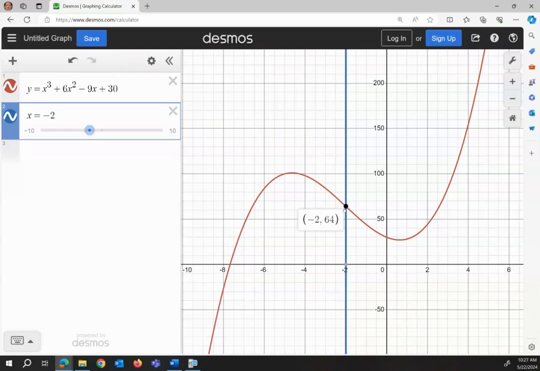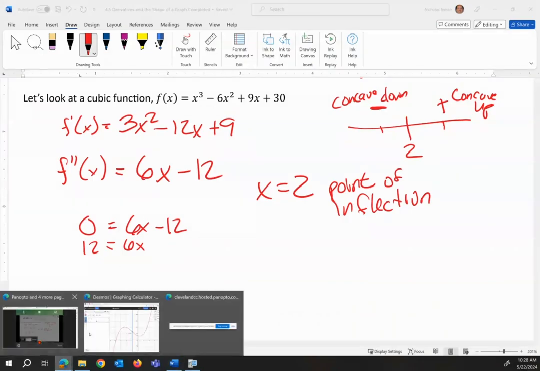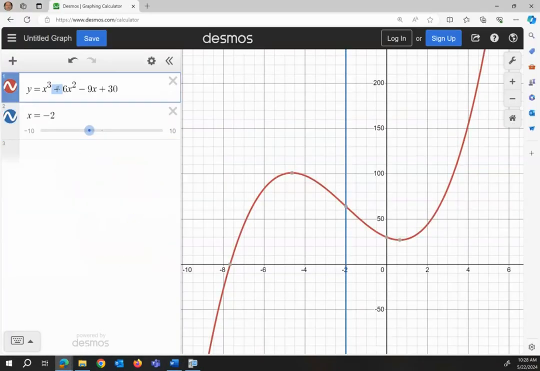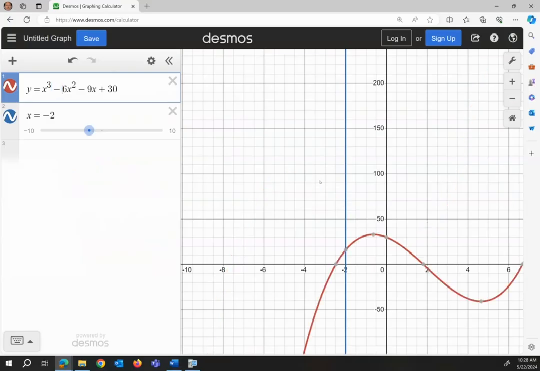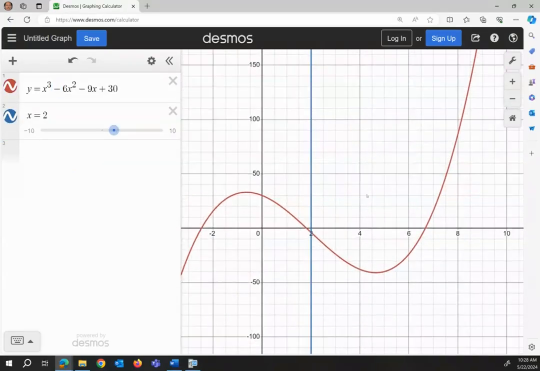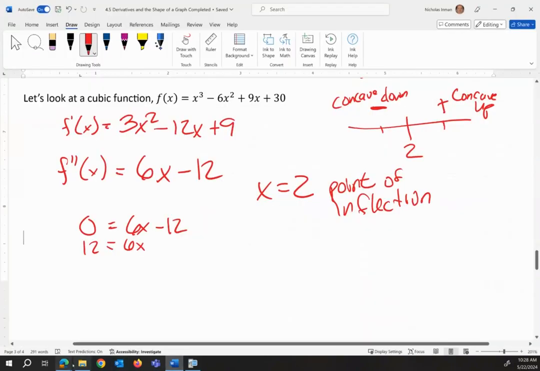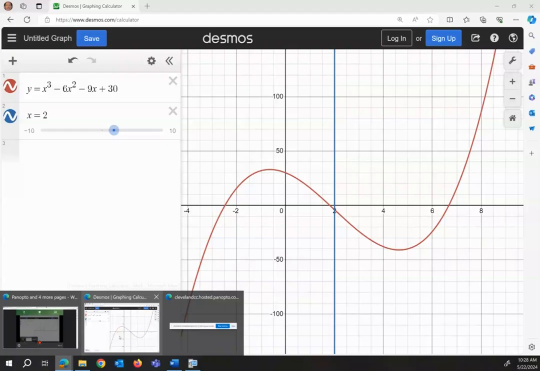All right, the left side of -2, our graph was concave down. I think I had that right. Did I type that in right? It was -6x squared, and +2. That was right there. All right, sorry. So +9.